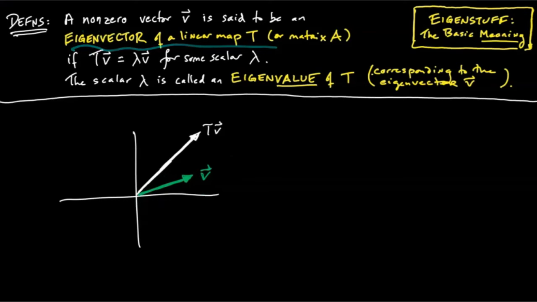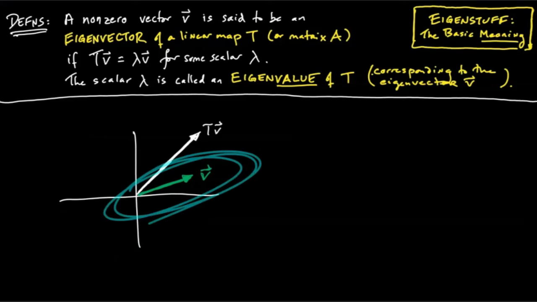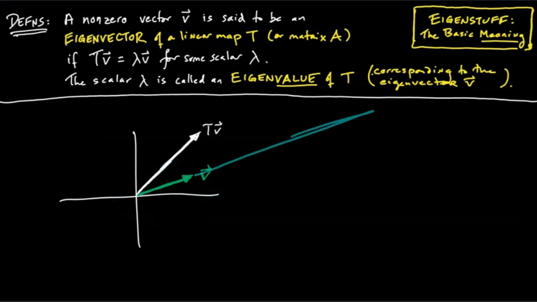It would be an eigenvector of T if its image under T is some scalar multiple of itself, which, according to my picture, is clearly not the case, because any scalar multiple of v, of course, lies on the line that v itself lies on.